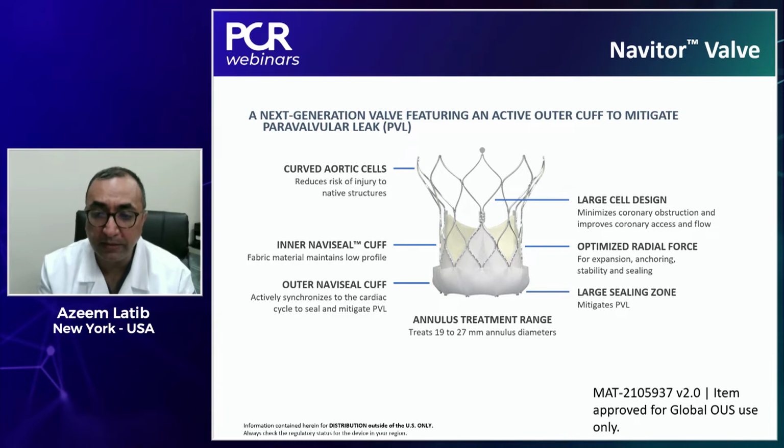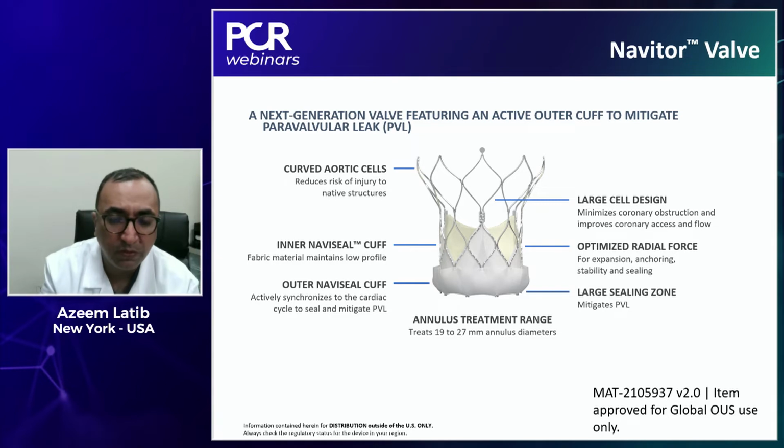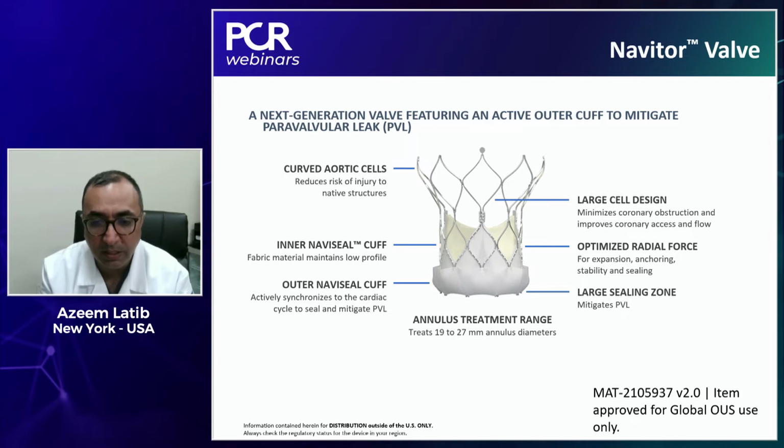What's been optimized is the radial force, especially in the lower part of the valve and the inflow, for better expansion, anchoring, stability, and sealing. And I think the biggest difference, and the part I'm so excited about, and I'm sure Mike too, is this outer Naviseal cuff. This is a sealing cuff that I think is really going to minimize PVL, even get rid of it.